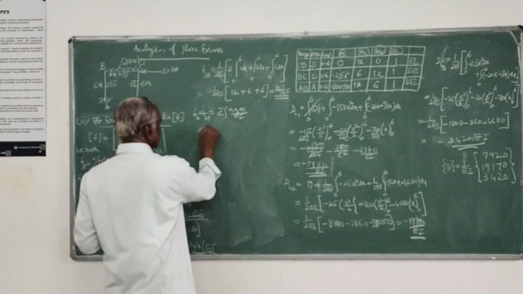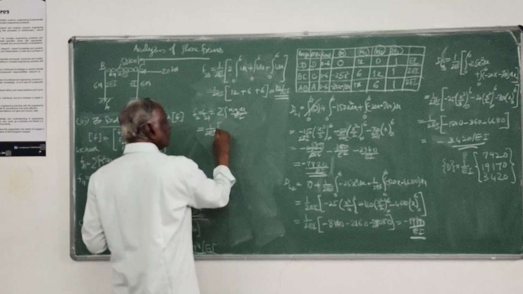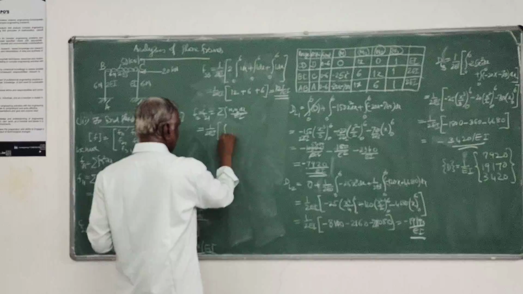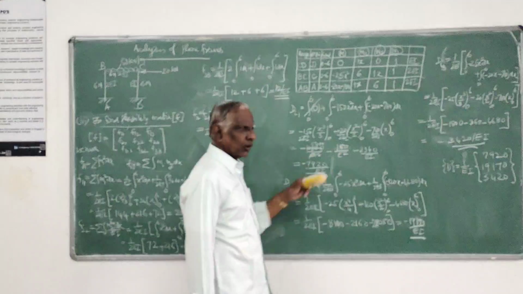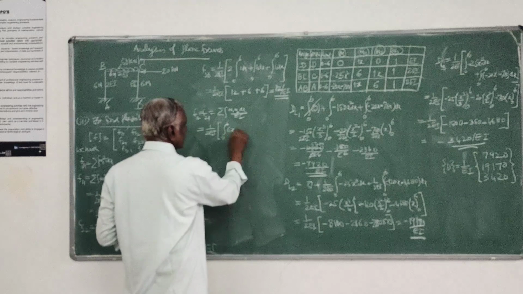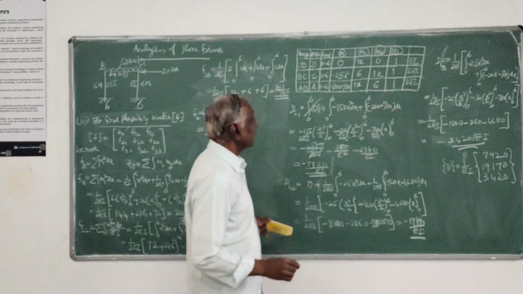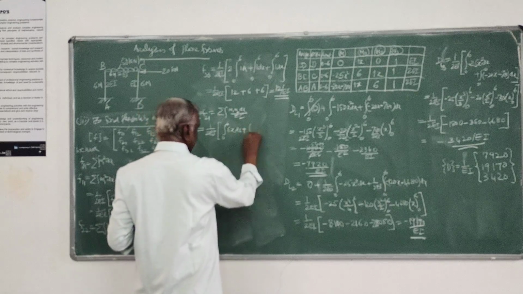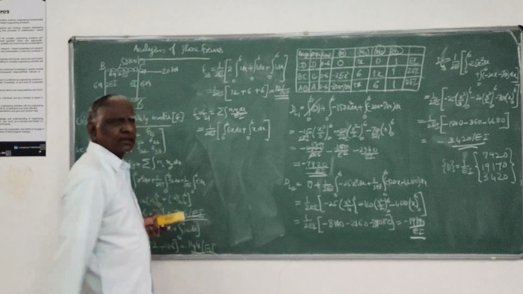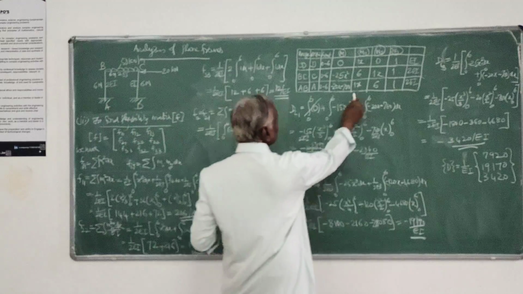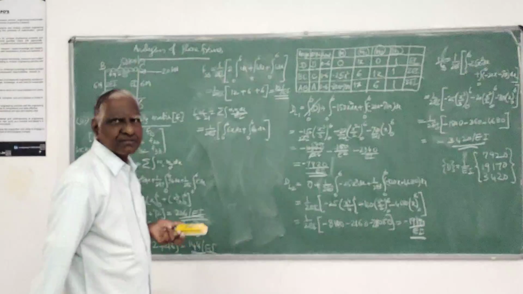That is 1 over 2EI into the second one, 0 to 6, m1 m2, 6 into 1x, it is 6x dx, plus m1 m2, 1x into 1, again 0 to 6, x dx. m1 m2, 1 into 6, 6 dx, 6x.